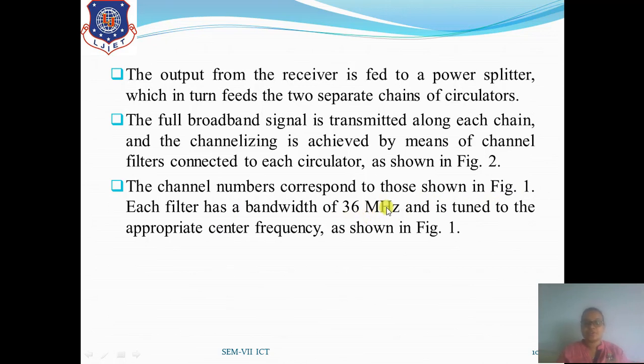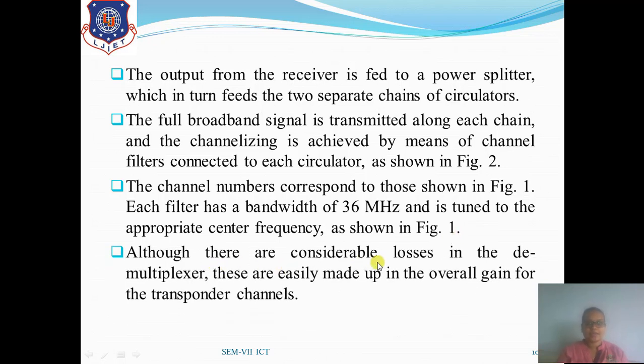So in the first unit, in the block diagram, we discussed that there are two transponders, each having 12 channels, right? So there will be a total of 24 transponders, and each transponder will have a bandwidth of 36 megahertz, tuned to the appropriate center frequency, which is shown in figure 1.